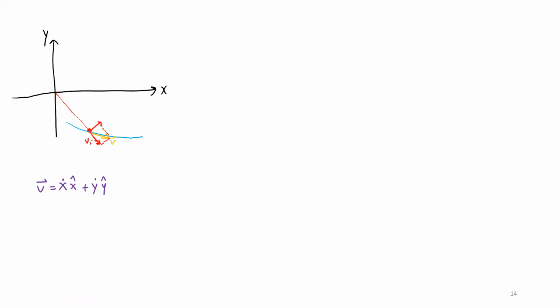So this is v_r and this is v_theta. You can see how it is different from the Cartesian coordinate decomposition. This v_r is just the component of this v vector along the radial direction, and this v_theta is the component of this v vector along what we call the transverse direction.